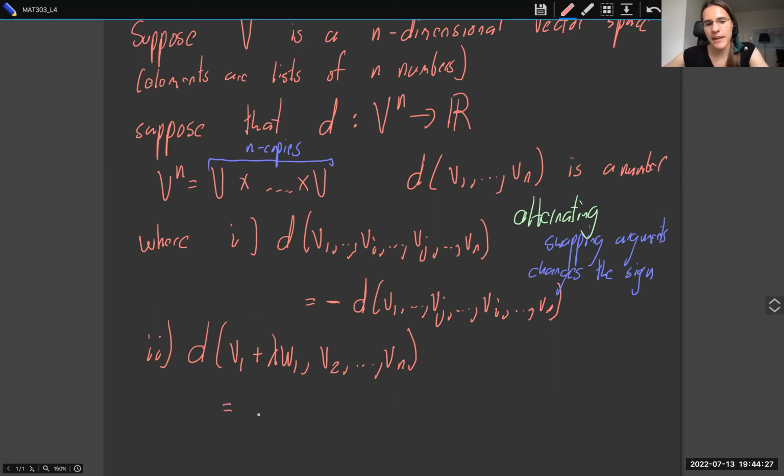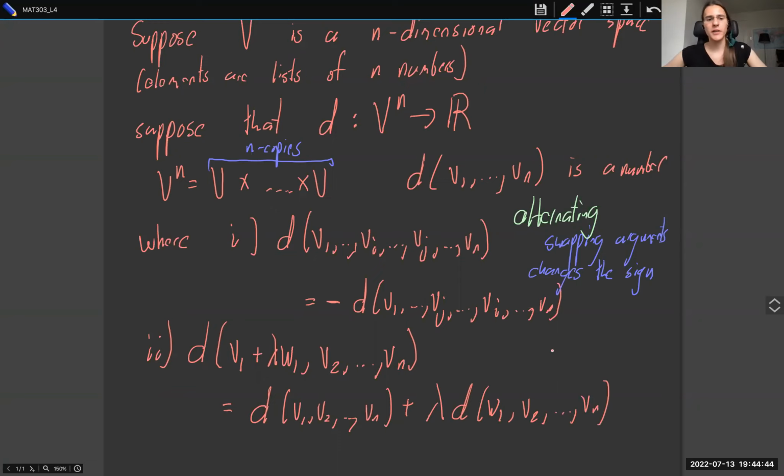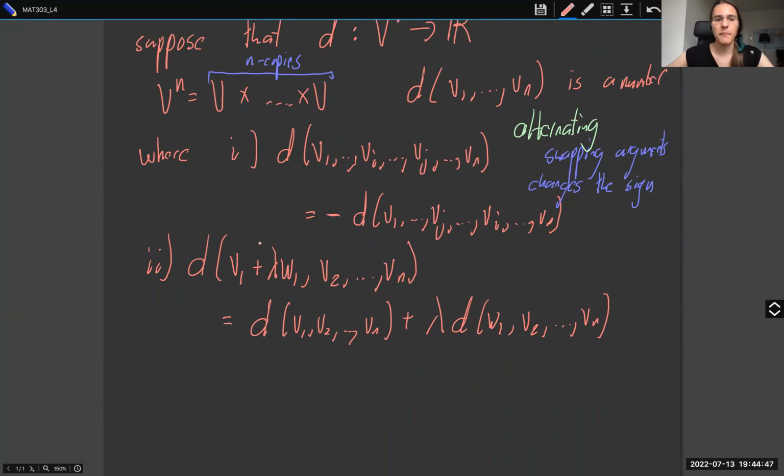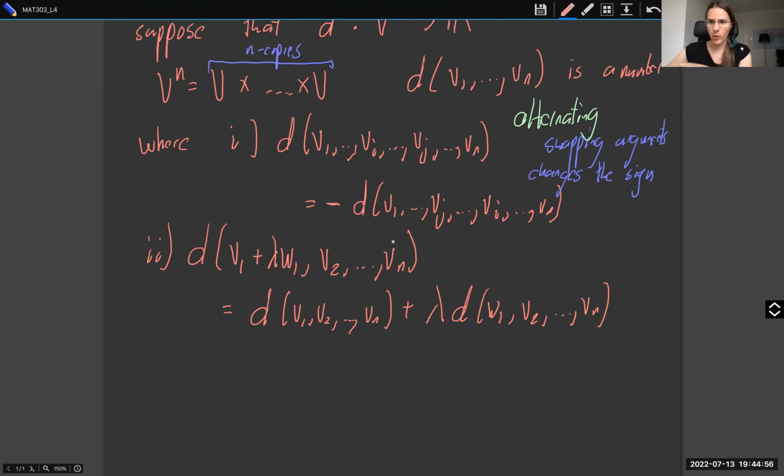Then the way that it should behave is that this is just d(v1, v2 up to vn) plus lambda d(w1, v2 up to vn). So in other words, if you have a sum or a linear combination of things in one of the components, then you can distribute it. And since this happens in each component individually, this is known as a multilinear function. So I guess I'll write that in green.